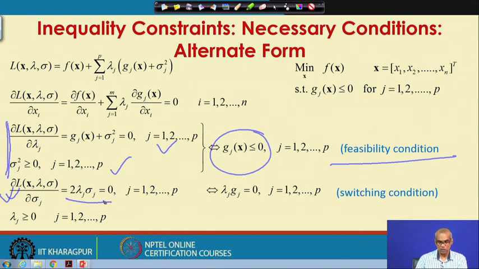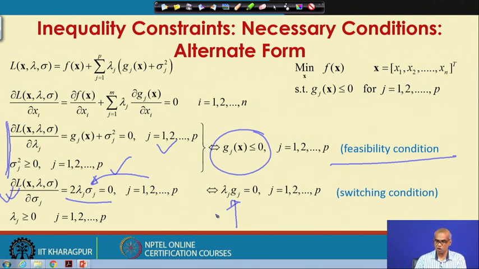Now, if sigma j equal to 0, lambda j need not be 0. If sigma j equal to 0, it means the constraint is active. So, g equal to 0, and if sigma j is not 0, it means that the constraint is satisfied as inactive.